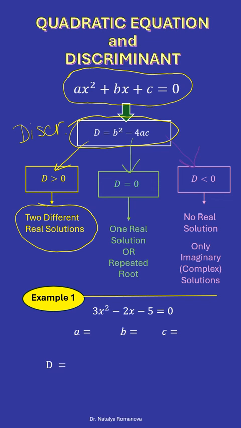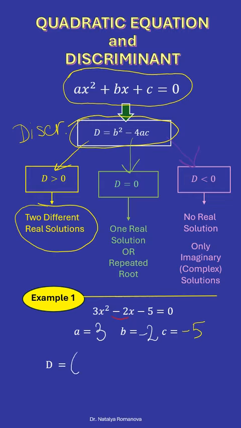Example 1. Coefficient of x squared equals 3. Coefficient of x equals negative 2. We need to take the number with its sign. C equals negative 5. Now b squared minus 4 times a times c.